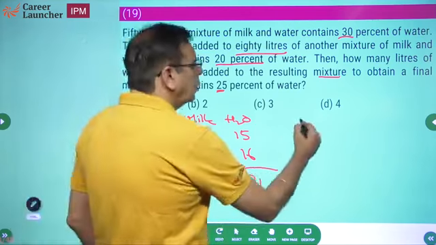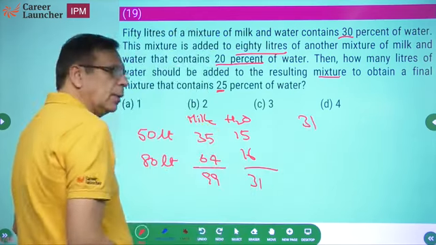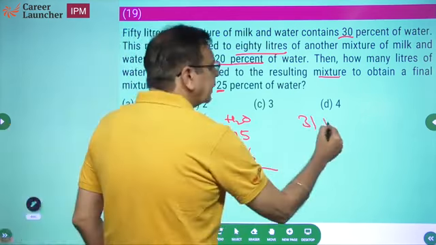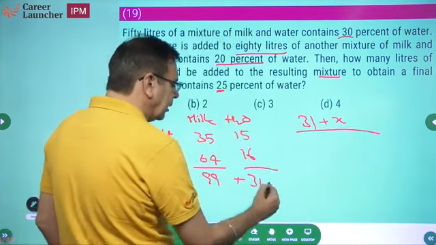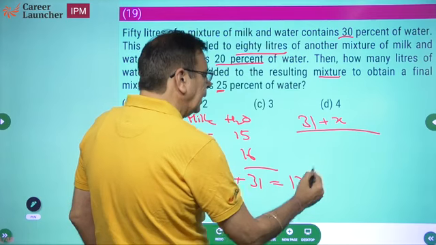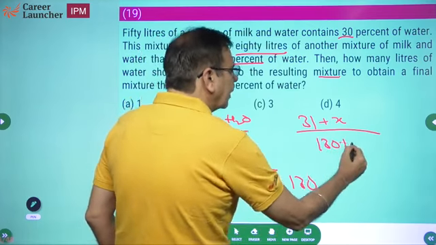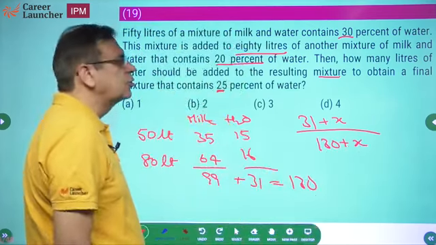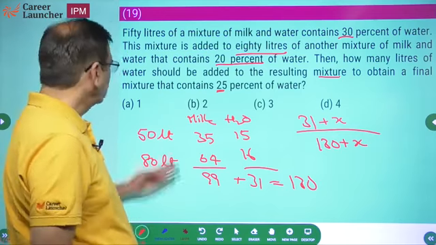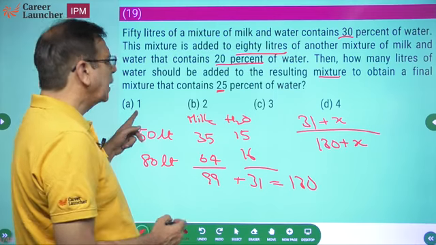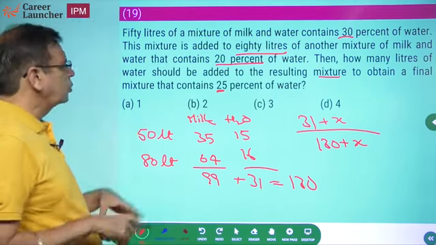So what do we need to do? 31 liters is the water available here. If I add x liters of water, the total volume of the mixture will become 99 plus 31 equal to 130. So 130 plus x. This should be equal to 25%. Choice डालो ना. Put the choice. 31 plus 1 makes it. If I look at choice 1.